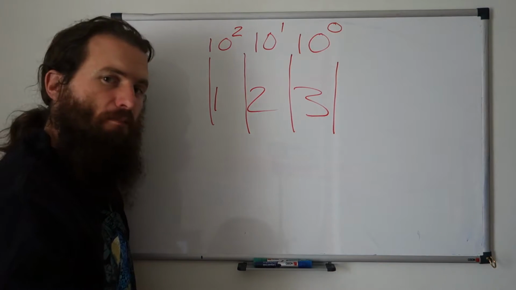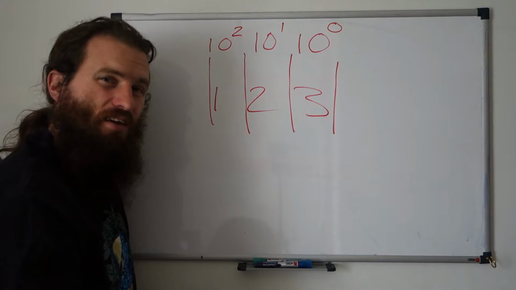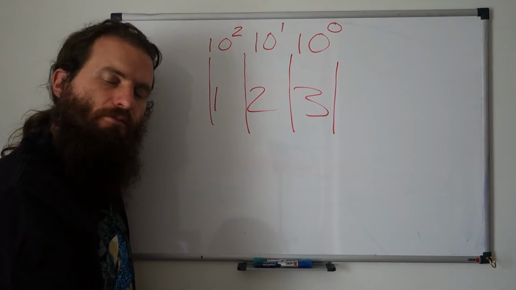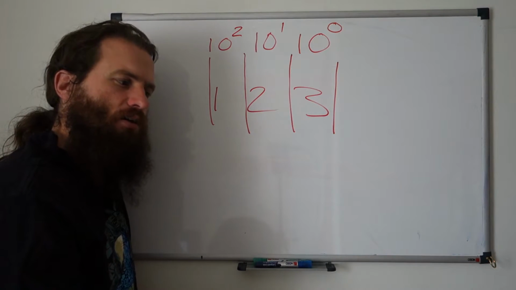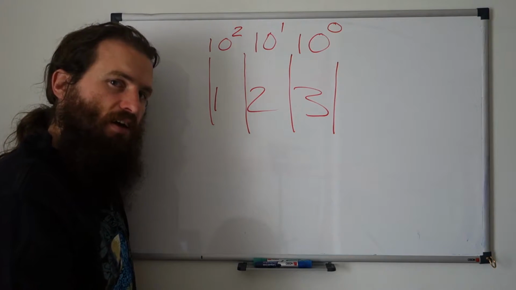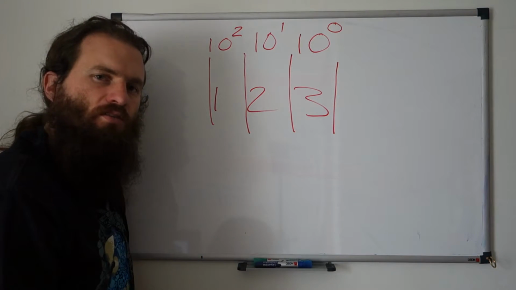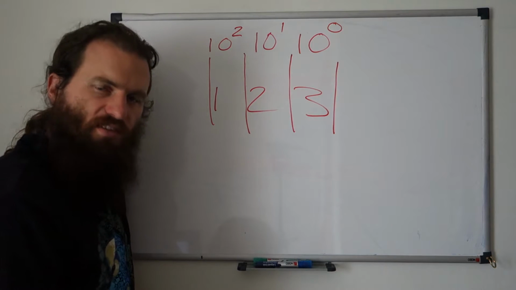And we're so familiar with this that we don't really think most of the time about this being expressed in multiples of the power of 10. But when we want to talk about different number systems, it makes a lot of sense to think of it like this. So now let's look at the binary number system.